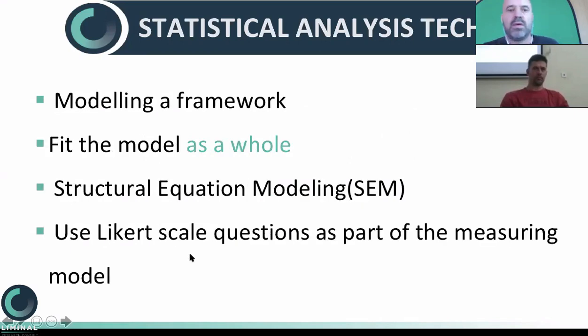Okay, let us just look at the framework. Say, for instance, you want to model a framework now. So it's not like a regression, just independent variables influencing a dependent variable. Now you want to fit this whole model, this whole structure. Then you use structural equation modeling. That's sort of a mix between exploratory factor analysis and regression, if you think about it like that. So you'll use the Likert scale questions in this model here, not like what we explained earlier, where you calculate the score from the Likert scale questions and create a variable.